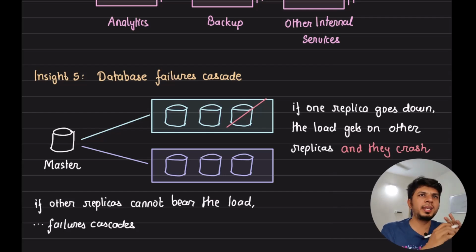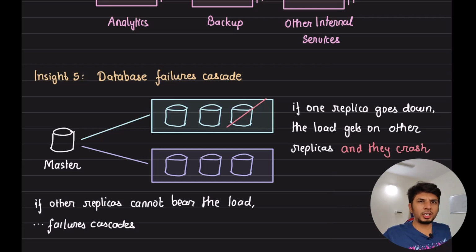So typically in every database architecture that you see, not really exaggerating, all of your databases are prone to cascading failures. Because if one of the replicas goes down, it would immediately transfer all the load, or your other replicas would have to bear all the load that was going to that replica along with the load that they were already bearing. So this is what database failure cascading is about. Every database is prone to this, right?